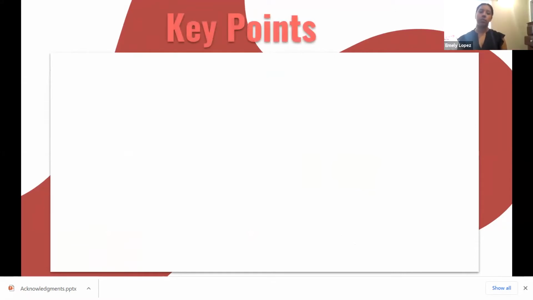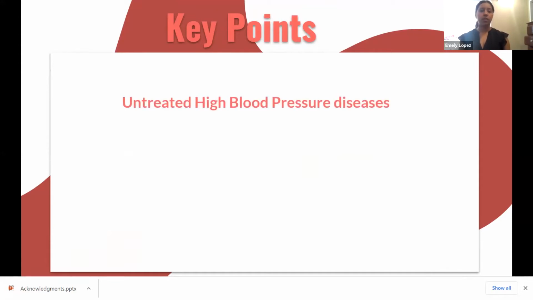These are the key points. Untreated high blood pressure can lead to disease, stroke, heart attack, and kidney damage.